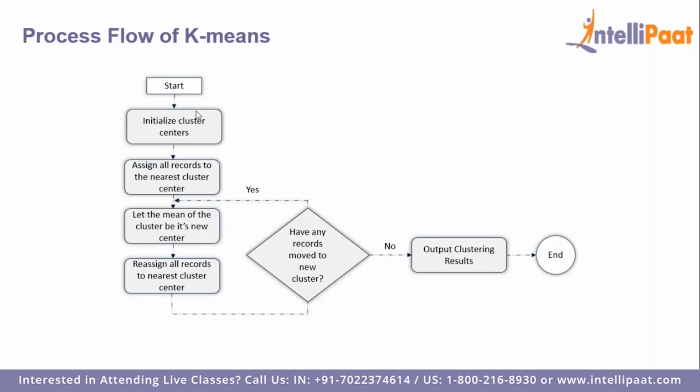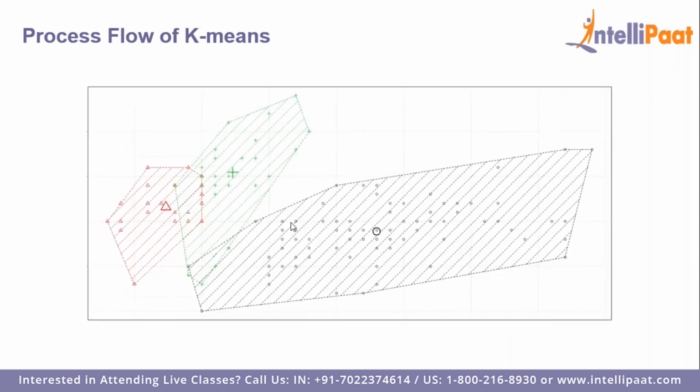So in the k-means algorithm, the k basically stands for the number of clusters, and that number of clusters is given by the user. So let's say I want to make 3 clusters. So I'll set the k value to be 3. Now I've given the k value to the clustering algorithm, and k-means takes it and randomly assigns 3 cluster points.